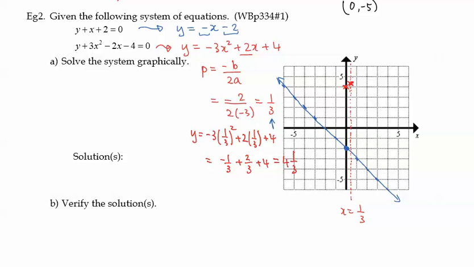If you want to draw the parabola using a table of values, you can start with some random numbers, trying to get a sense of how the parabola will look, and draw it. For now, we would expect a parabola that opens downward, probably going this way and that way.